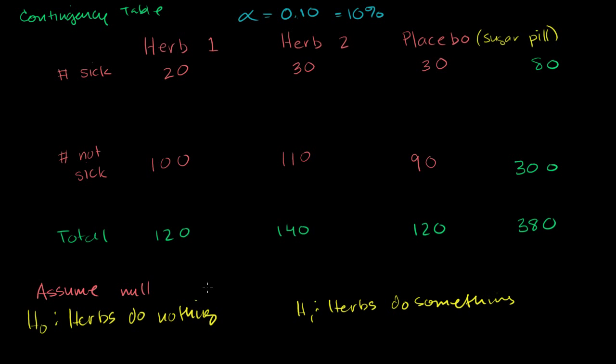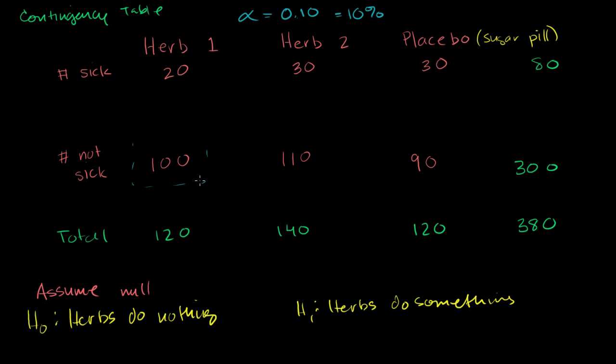Now, to do this, we have to calculate a chi-square statistic for this contingency table. We do it very similar to what we did with the restaurant situation. We figure out, assuming the null hypothesis, the expected results you would have gotten in each of these cells. You can view each of these entries as a cell, just like each of the entries in a table in Excel is called a cell.